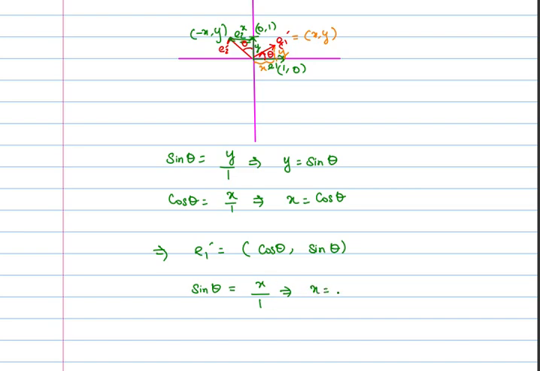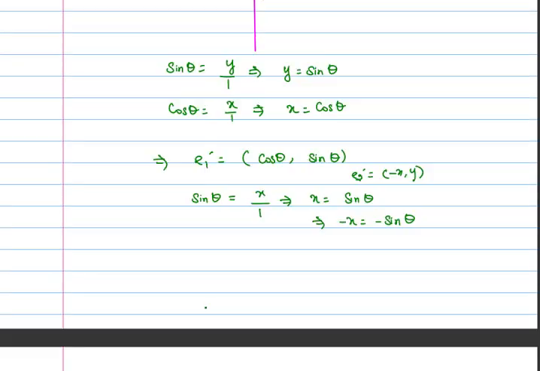So x equals sin theta. But my E2 prime is minus x comma y. So this implies minus x equals minus sin theta.